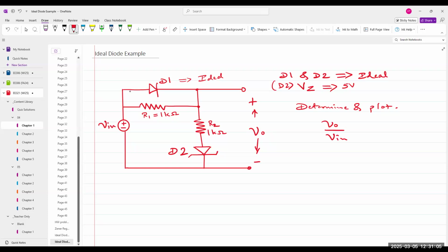Ideal diode analysis. If it's forward bias, it's a short circuit. Reverse bias, it's an open circuit. So similar to the previous one. How about the Zener diode? What happens in forward bias? It's a short. Absolutely. In the forward bias region, a Zener diode behaves like a regular diode, so an ideal Zener diode would be replaced with a short circuit.